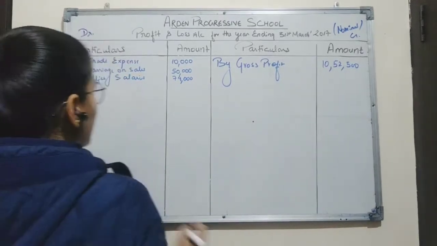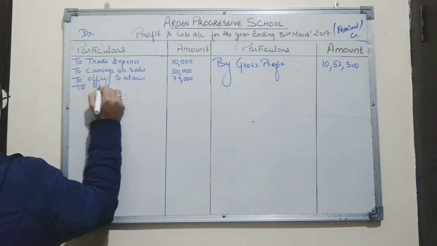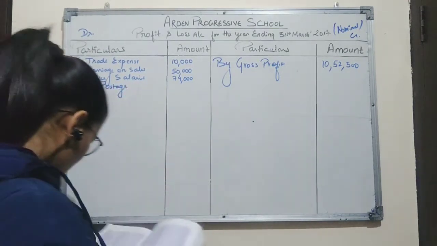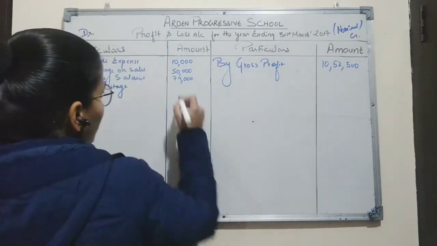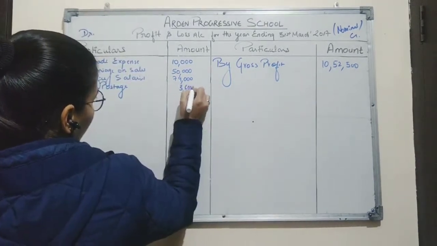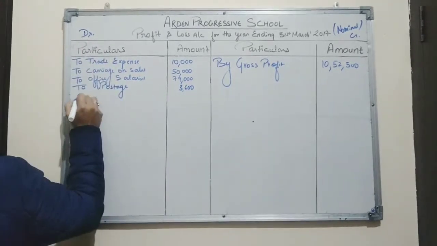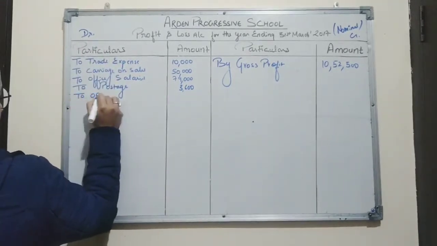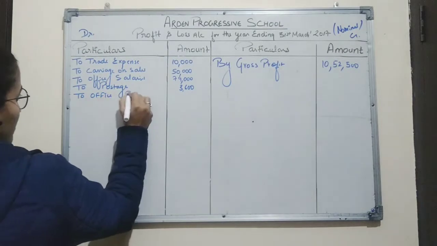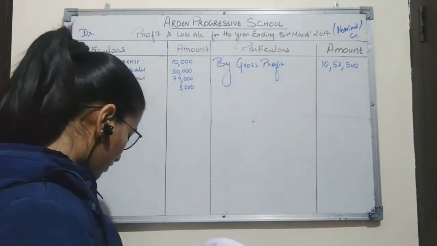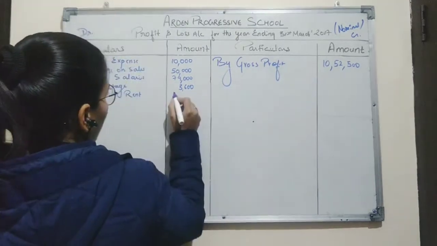After that, postage to postage 3,600. Next is office rent. To office rent. Office rent amounting to rupees 37,500.